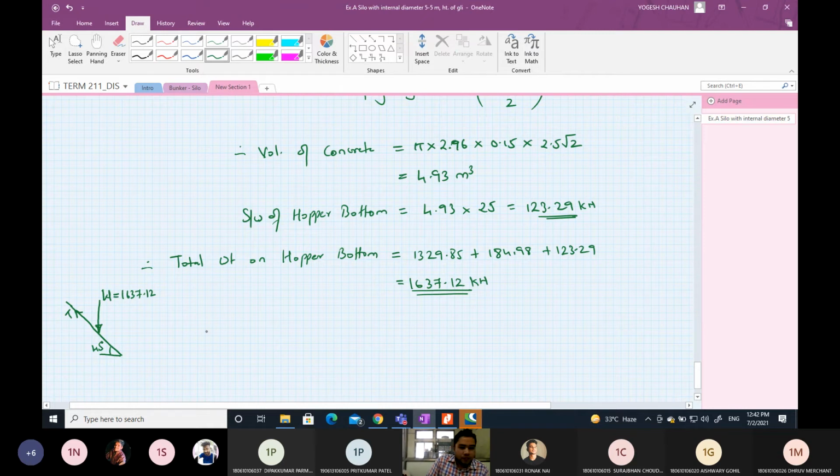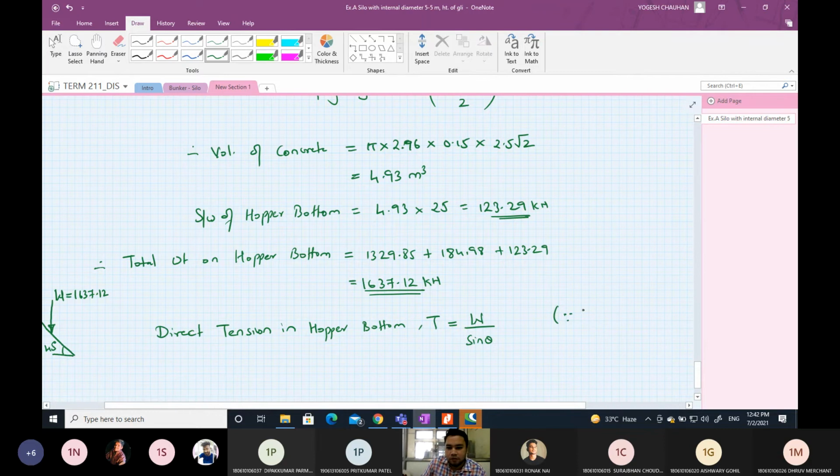So we can find the direct tension in the hopper bottom, we call this T, will be equal to W upon sin theta.